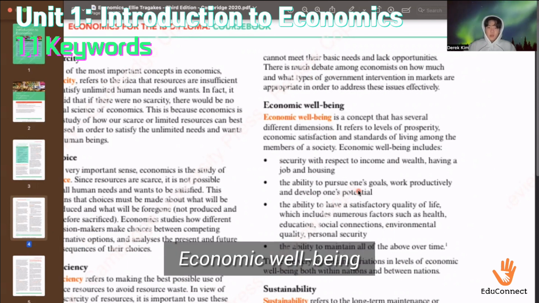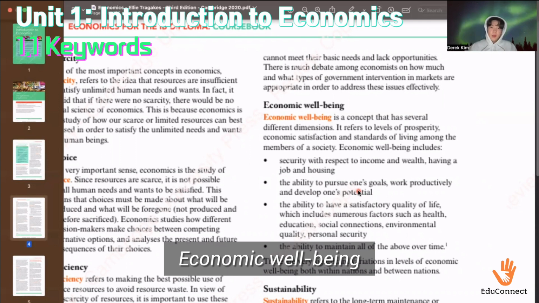Next, economic well-being. Economic well-being is a concept that has several different dimensions. It refers to levels of prosperity, which is being successful, economic satisfaction, and standards of living amongst the members of a society.